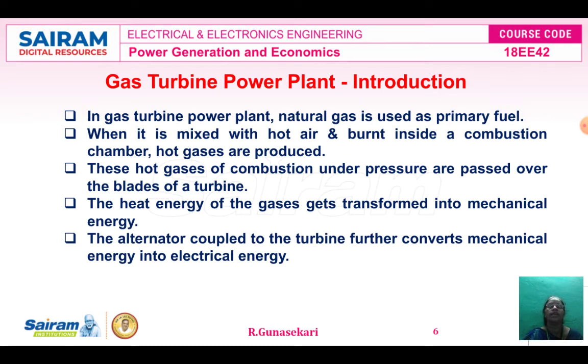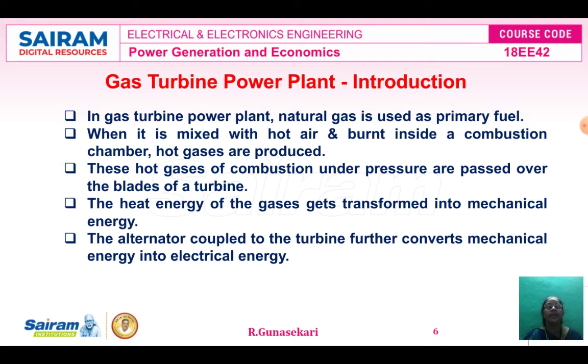Now we studied the introduction to gas turbine power plant. In the gas turbine power plant, natural gas is used as a primary fuel. When it is mixed with hot air and burnt inside the combustion chamber, hot gases are produced. These hot gases of combustion under pressure are passed over the blades of the gas turbine.